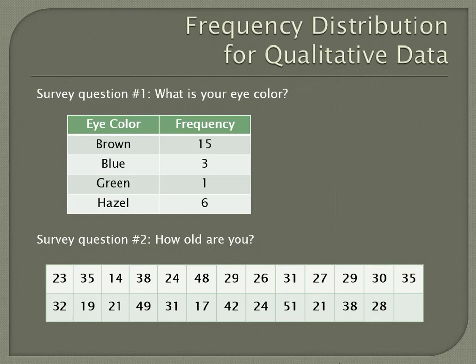And unfortunately, kind of like the difficult case with the qualitative data, in quantitative data, you almost always have different values. So if I tried to put this in a frequency distribution in the same way that I did the eye color, I would end up having a whole bunch of different categories and a lot of frequencies of just 1 or possibly 2. And so when it comes to quantitative data, we have to go a different route.